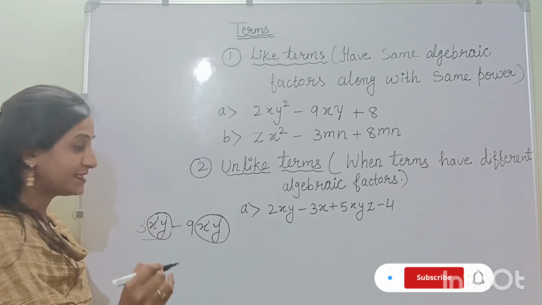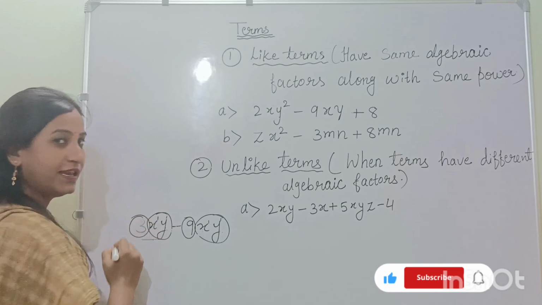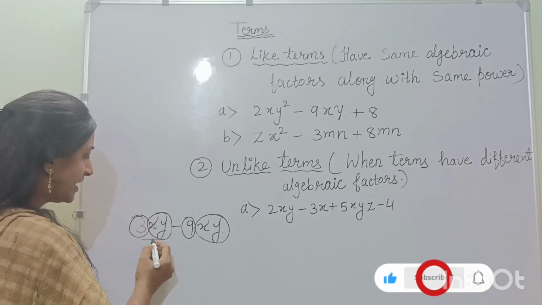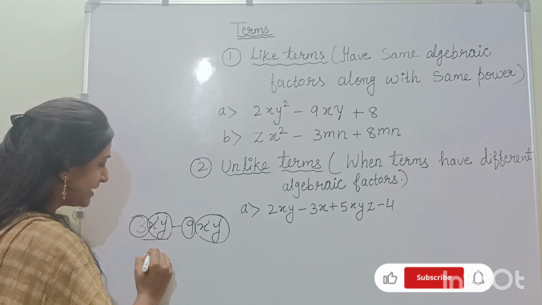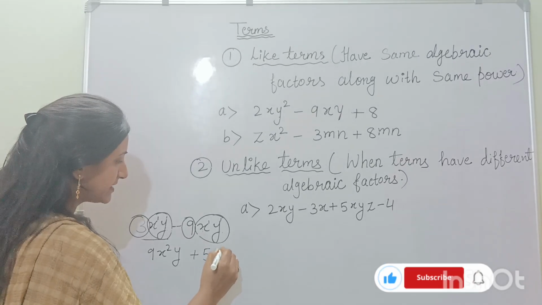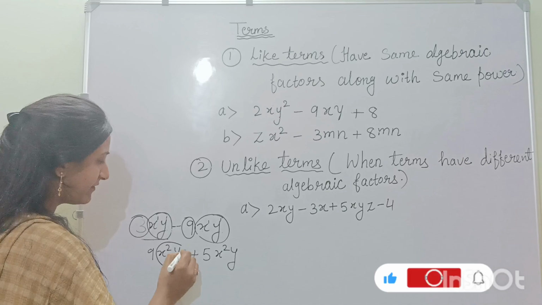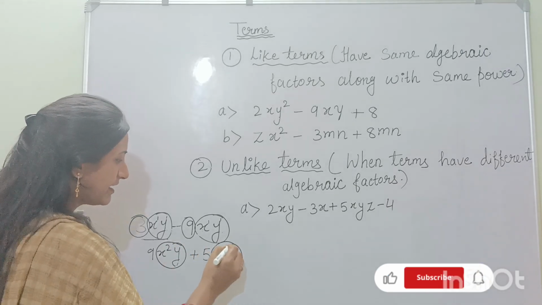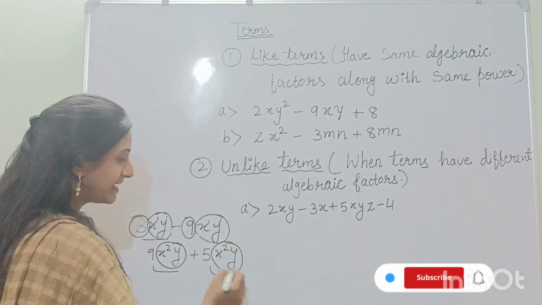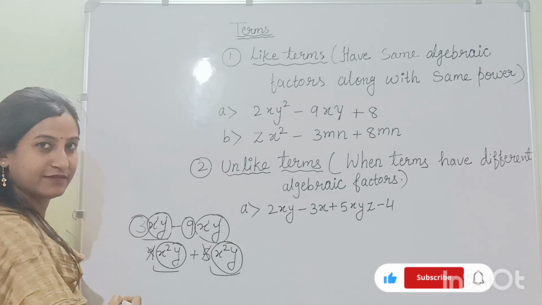Remember, we should not concentrate on numerical factors. We have to look only at algebraic factors. Suppose 9x square y plus 5x square y. Again, x square y is the same algebraic factor, so these two terms are like terms. Here we should not look at the numerical factor.